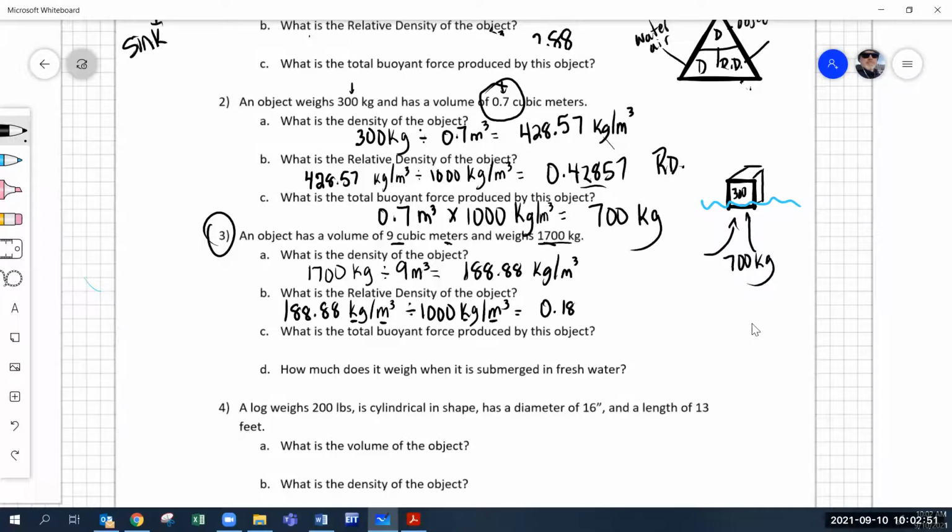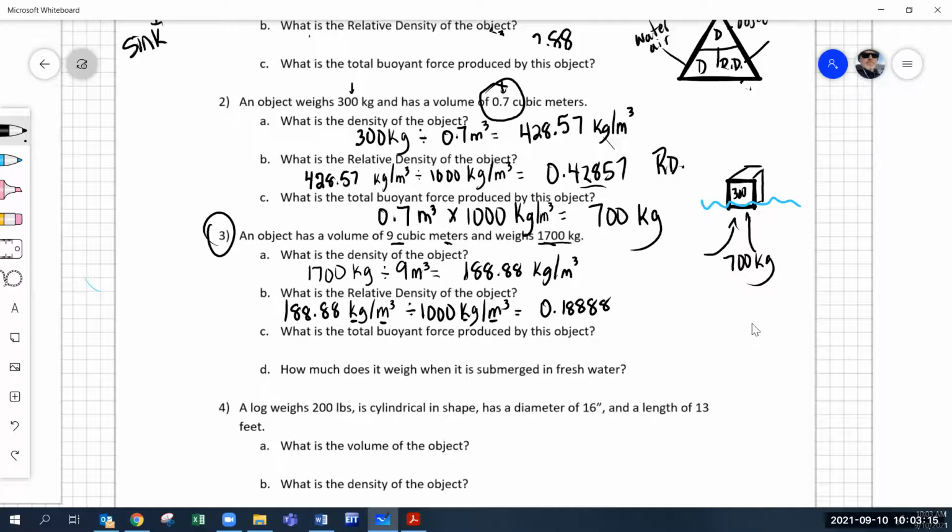So the object's relative density, well, it's basically that. So it's 0.18888. Is this object going to sink or float? It is clearly going to float. It has a relative density of less than 1.